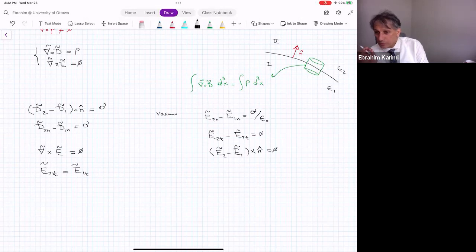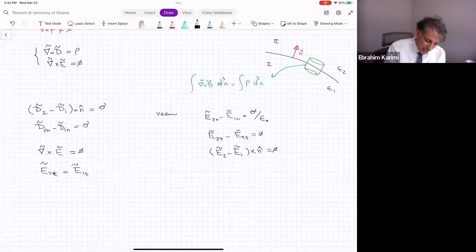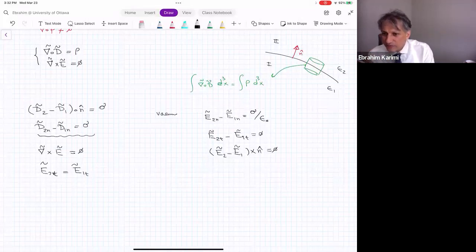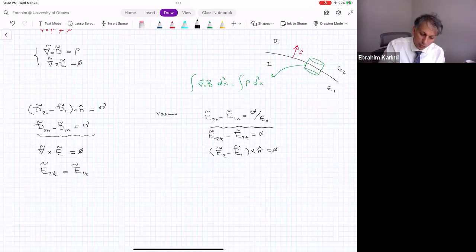So remember, what we discussed previously for the normal component of the electric field is true for the normal component of the displacement vector. Clear? So there is a jump or discontinuity in the normal component of the displacement vector whenever you have a surface charge density, which is very similar to what we had for the electric field in vacuum.